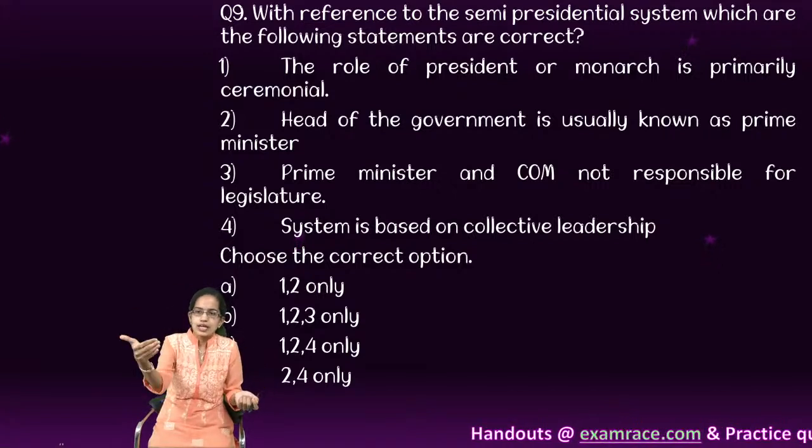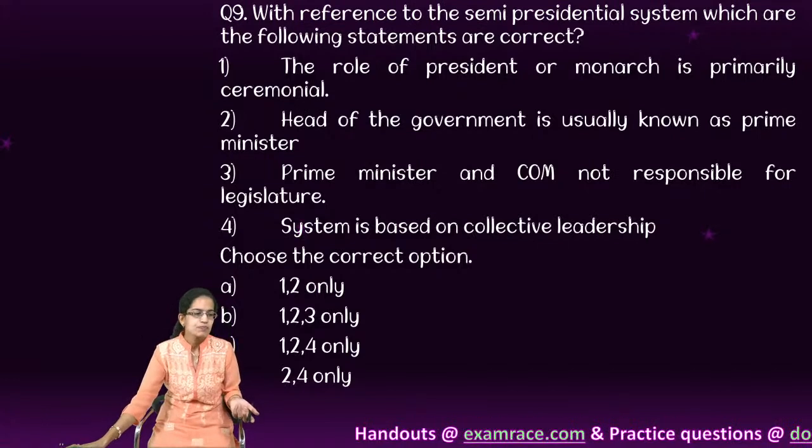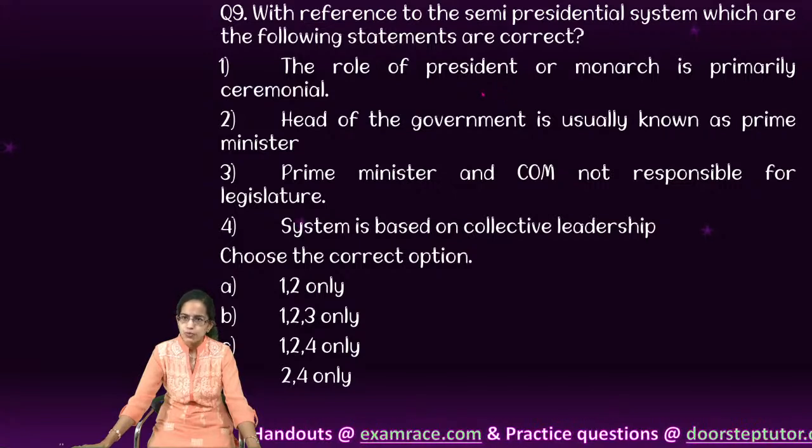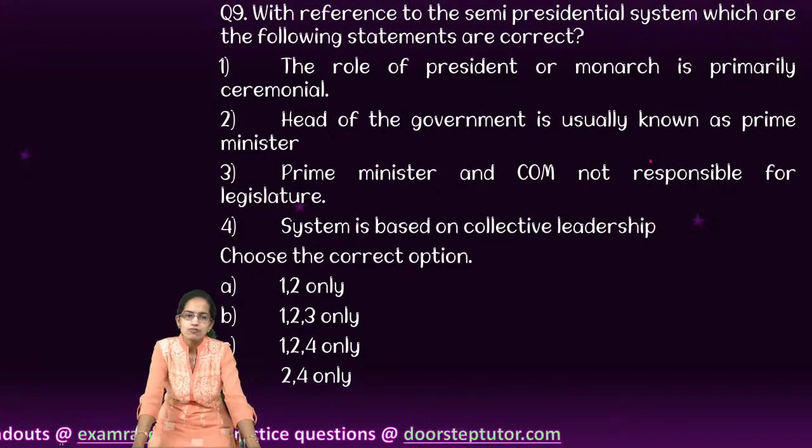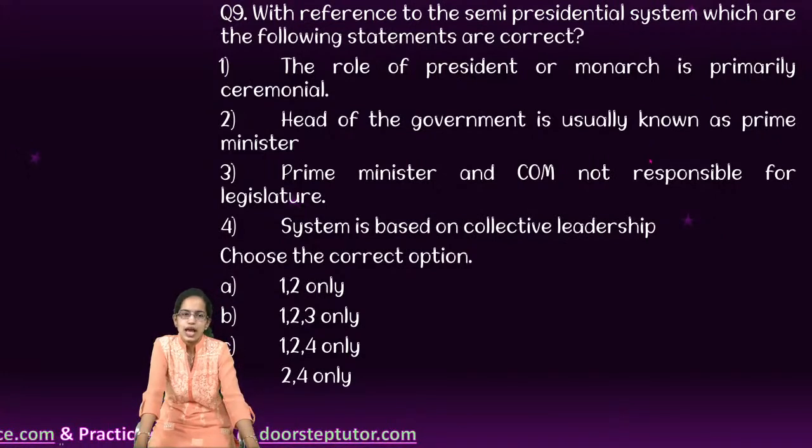Okay, so here if we look at the sentences, the first sentence says the role of the president is ceremonial, which is incorrect. The second statement says the head of the government is usually known as the prime minister. That is correct.